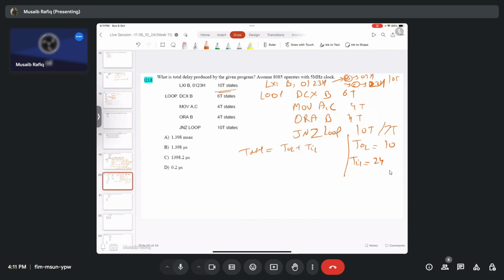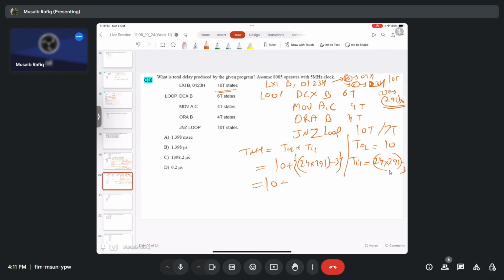So yeah, this is 123 hex. When you convert 123 hex to decimal, it becomes 291. You can do the math, so it's 291. So time inside the loop will be 24 into 291 minus 3. So total will be 10 plus 24 multiplied by 291 minus 3.